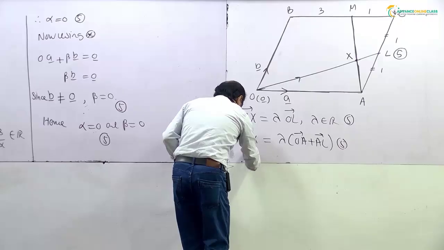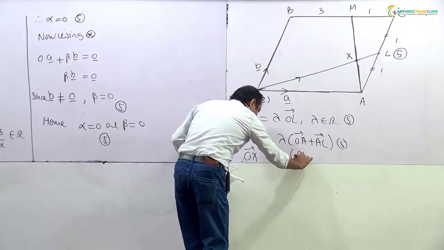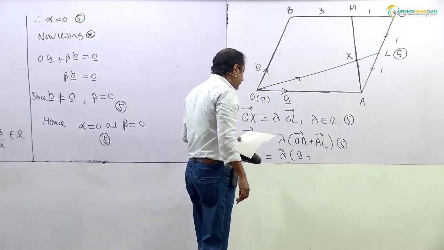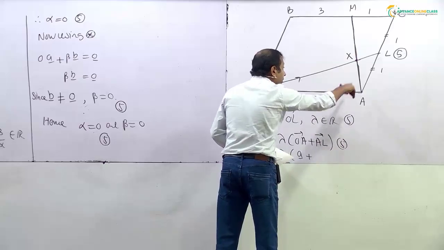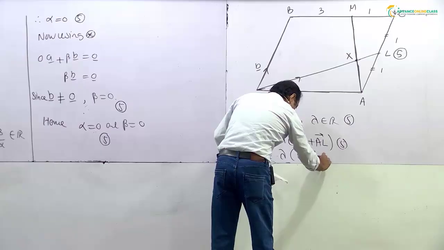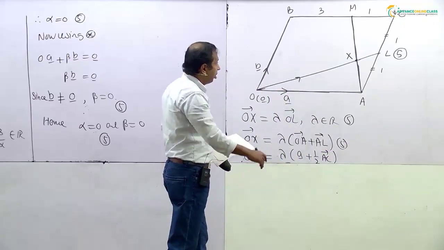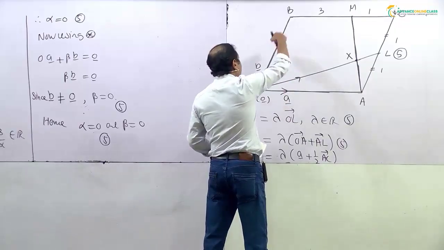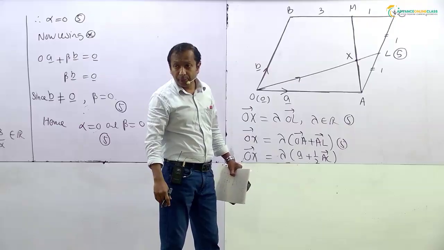Furthermore, OX vector you can write lambda times. Now OA vector is simple A. AL vector means, L is midpoint, no? AC vector by 2, half AC vector. But people, you know AC vector and this OB vector are equal because this is a parallelogram.